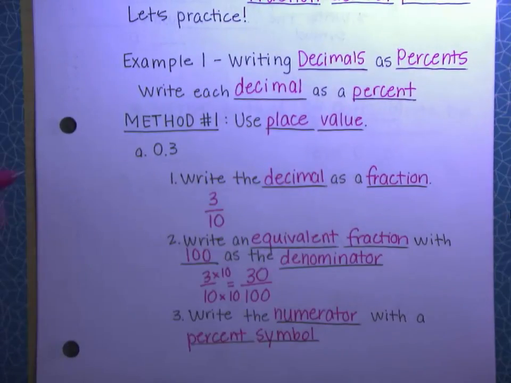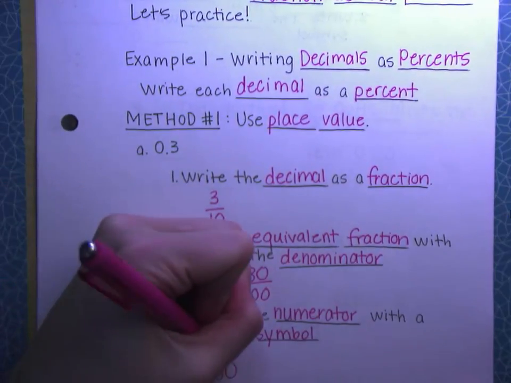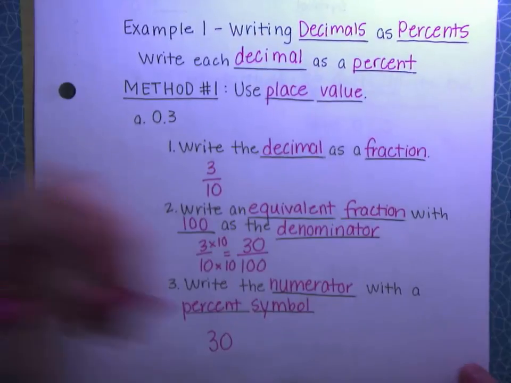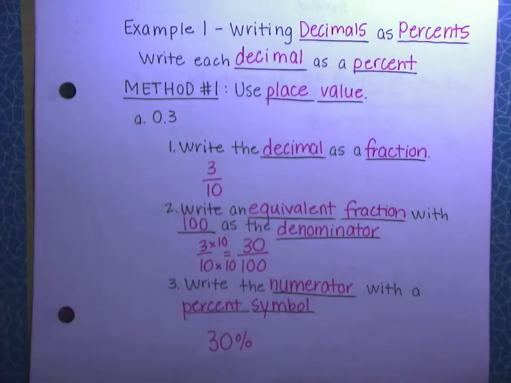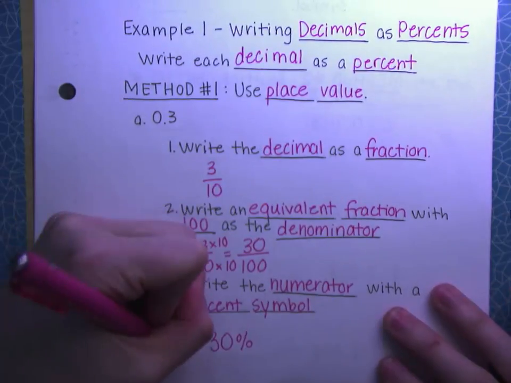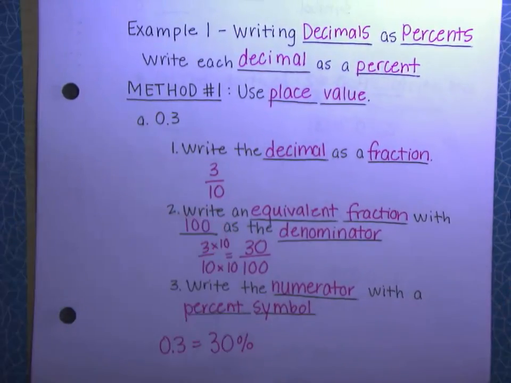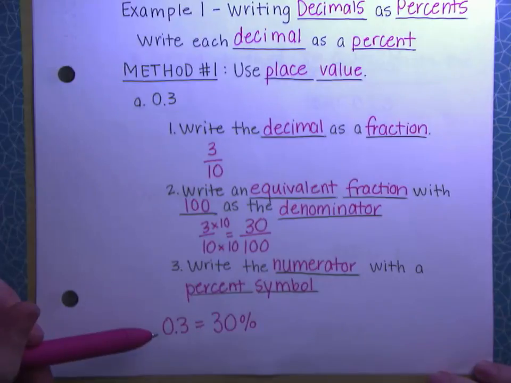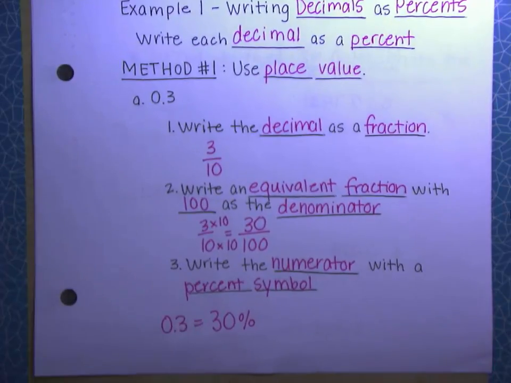So my numerator was 30, and then all I have to do is tack on the percent symbol, and that's it. So that's essentially what we just did. We wrote 0.3 as a percent. So we went from decimal to percent. So that's one way you can do it.